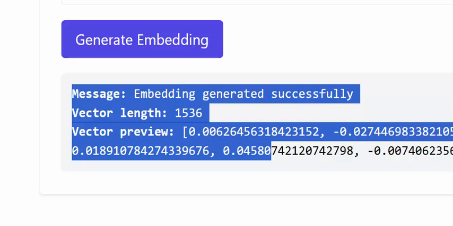Every chunk of a book in the library, maybe a million or 2 million rows in the database, would come with its embedding vector.